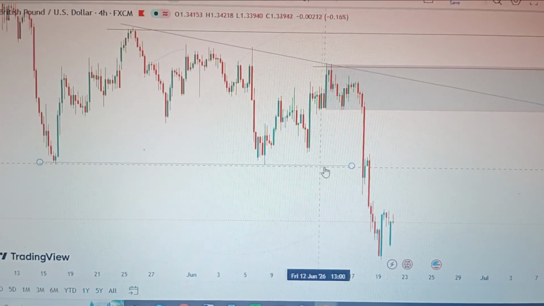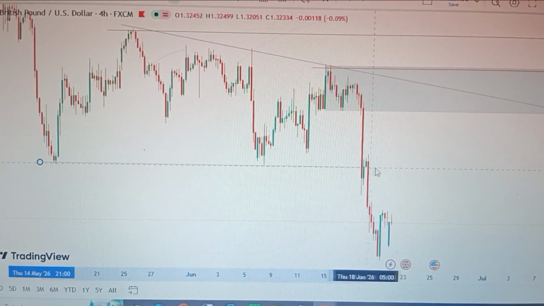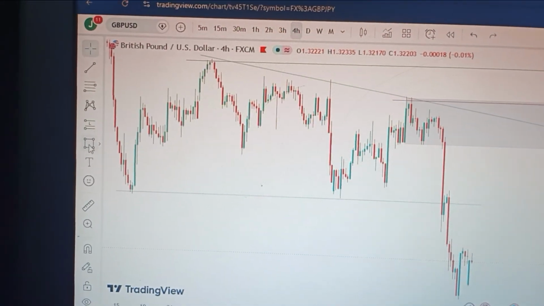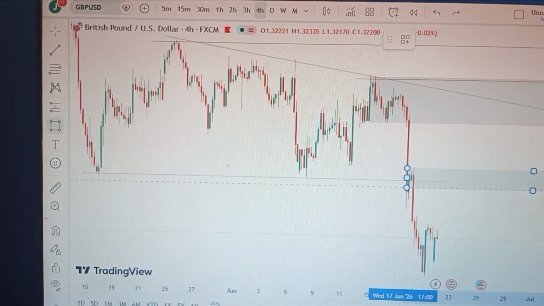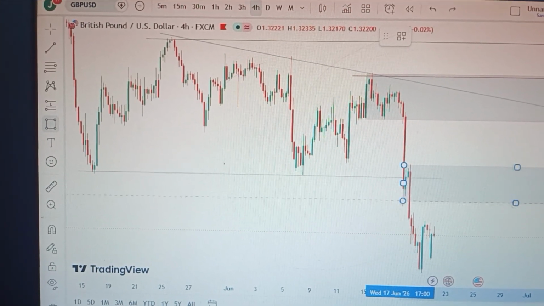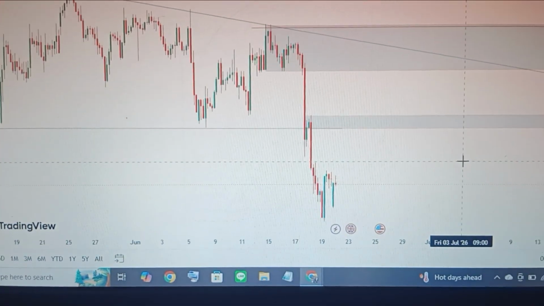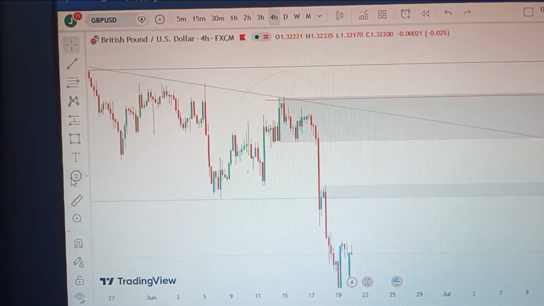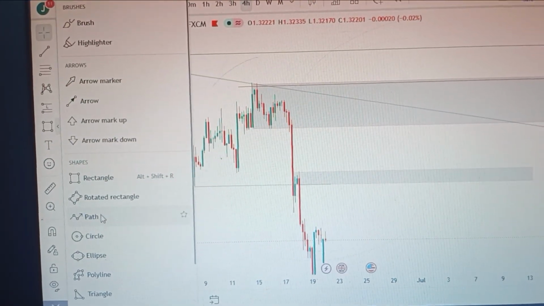Also mind you, we have a push here. This was a support break. So we also have a second level to observe at this point. We need to pay good attention to this level. So these are the two levels we should be paying much attention to.